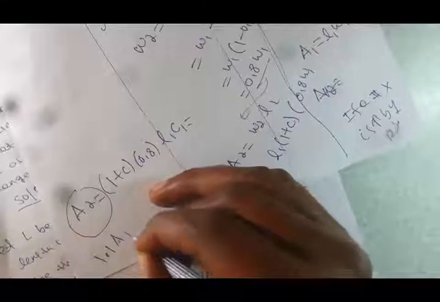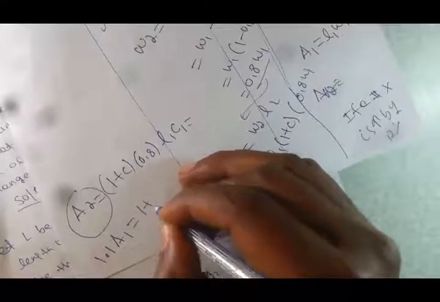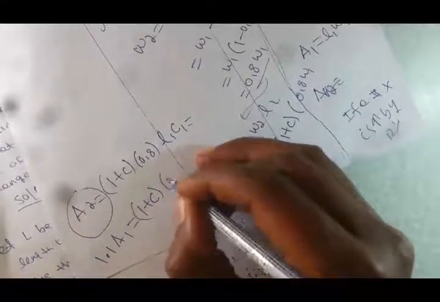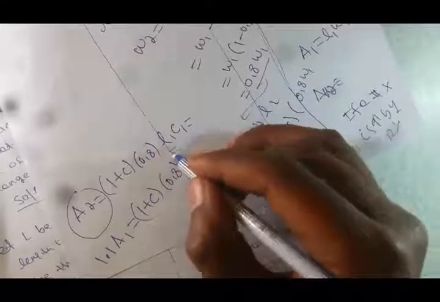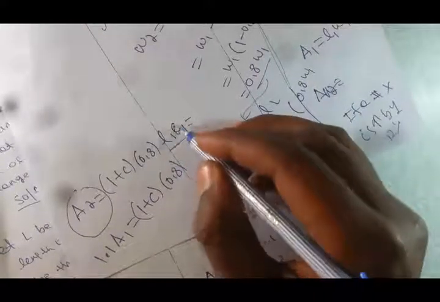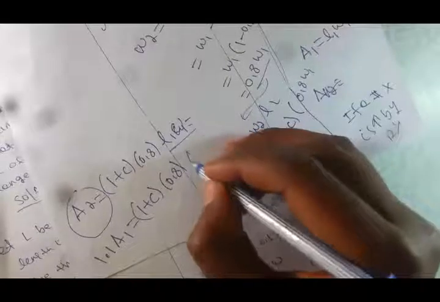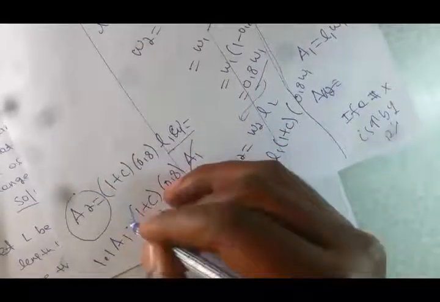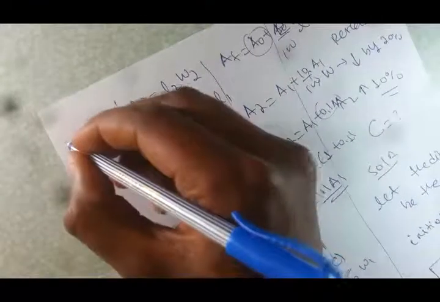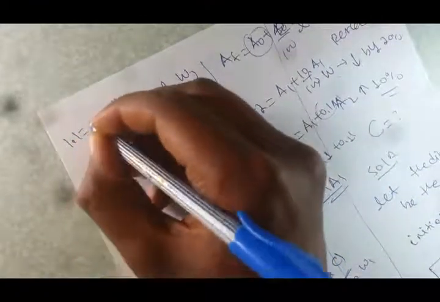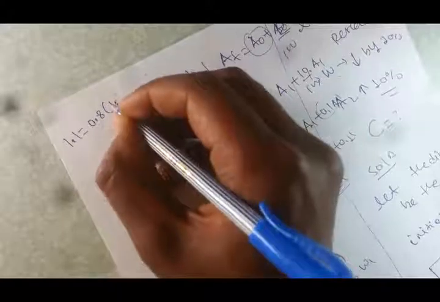1.1 times A1 is equal to (1 plus C) times 0.8 times L1 times W1. L1 times W1 is equal to what? A1. So you can eliminate A1 by A1. Therefore, 1.1 is equal to 0.8 times (1 plus C).